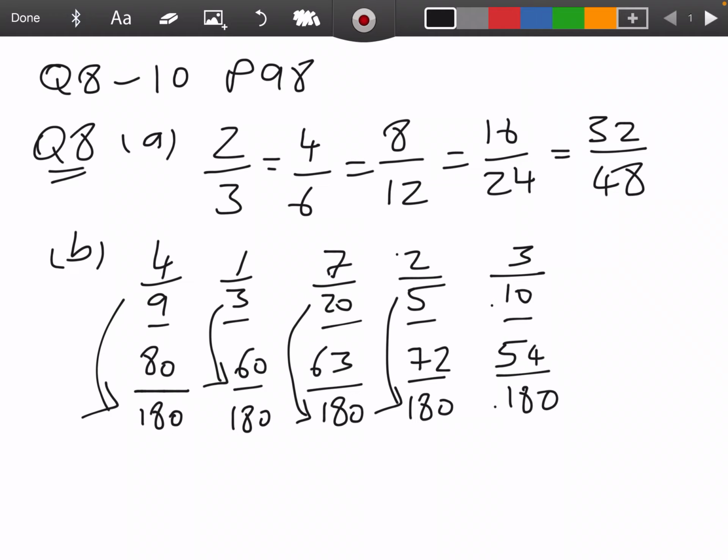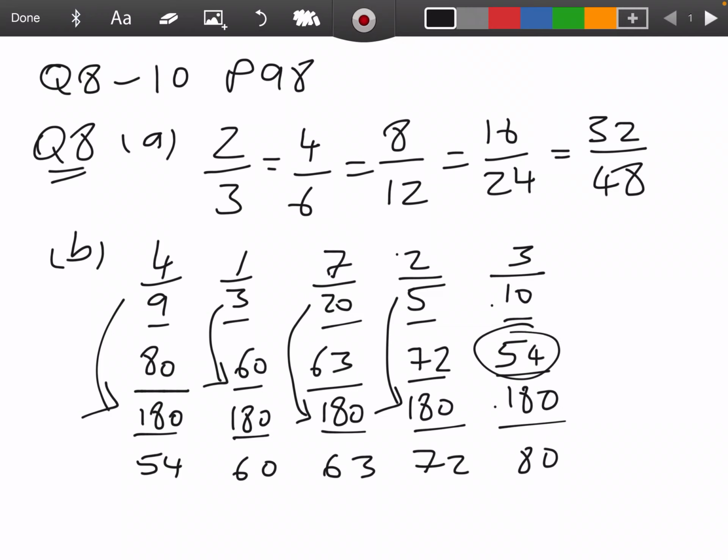So now I have the 5 fractions in terms of the same denominator. It makes it really easy to put them in order from smallest to biggest, and you can see that that's 54, then 60, then 63, then 72, then 80. So the smallest is 3 over 10, and we can cross that one off.